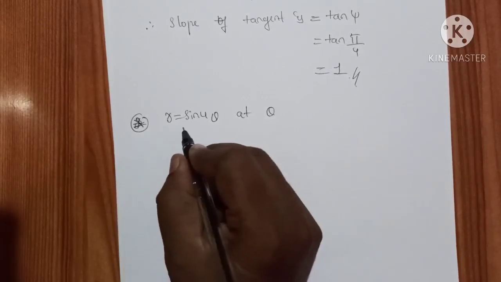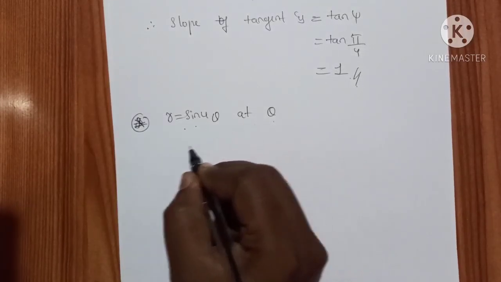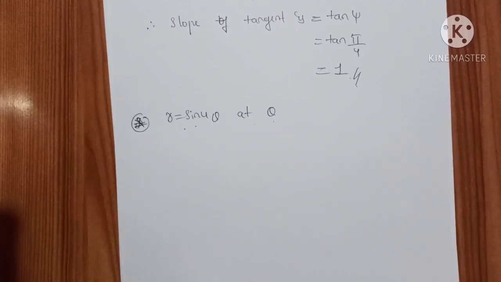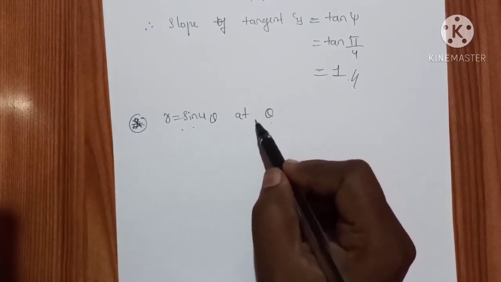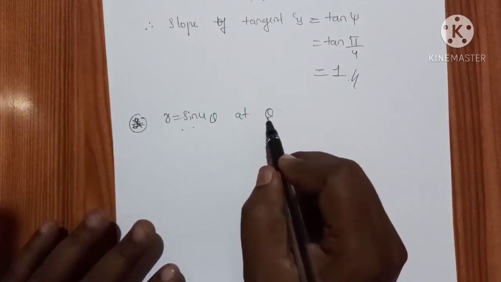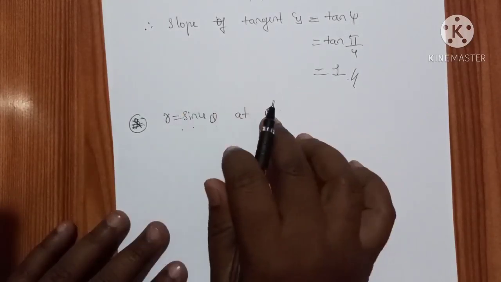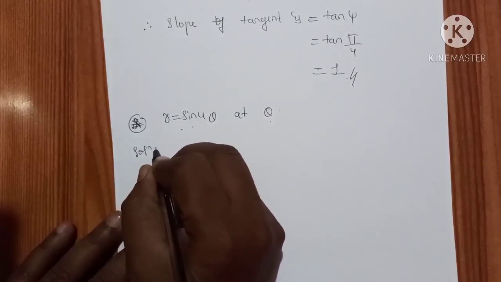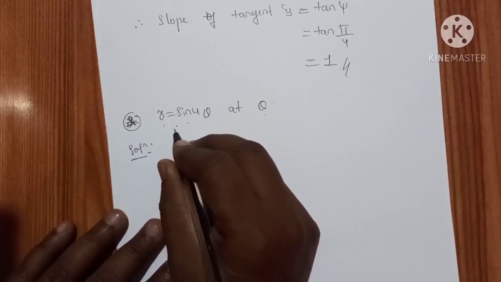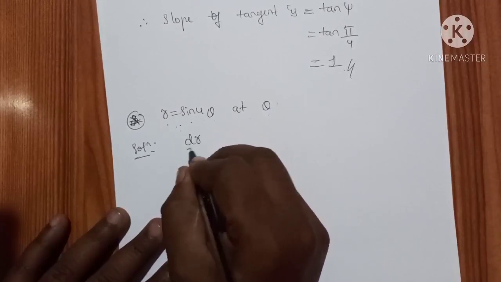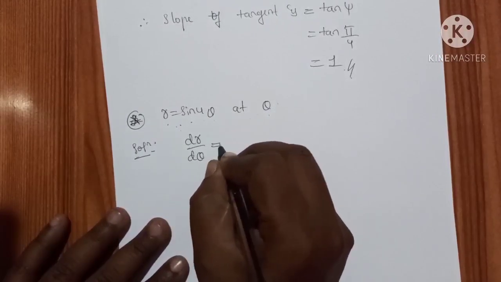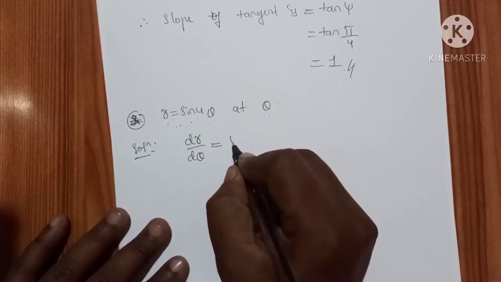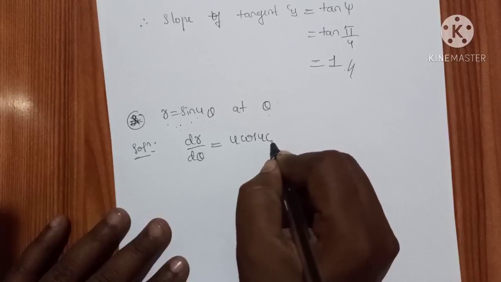Next one, r equals sin 4 theta at theta. So here the theta value is given as theta only. Therefore we have to keep theta as it is. First differentiating r, we get dr divided by d theta equals sin 4 theta differentiation, which is 4 into cos 4 theta.